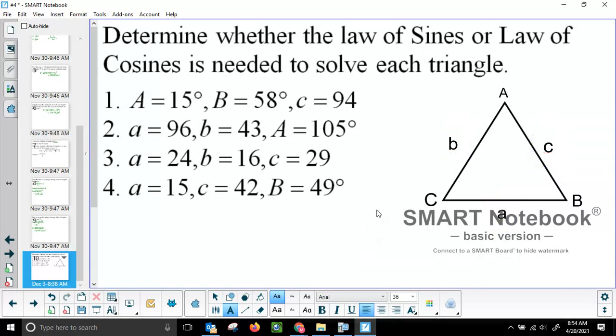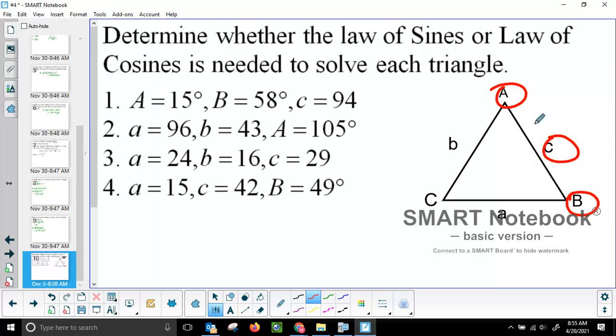Okay, so the easiest way to do it, I would even recommend on your test, is to draw a triangle like this in pen, so that it won't erase and you can do it every time. Then whatever you're given, just circle. So here I'm given angle A, angle B, and side C. That is angle, side, angle.